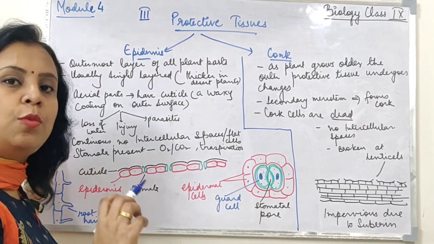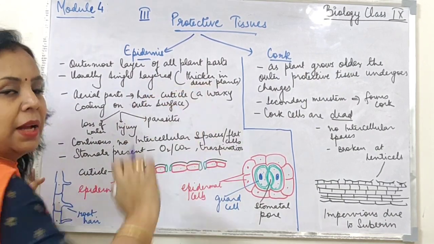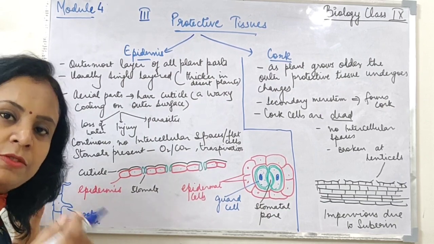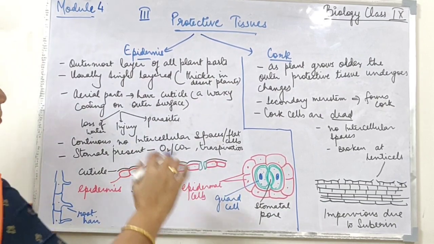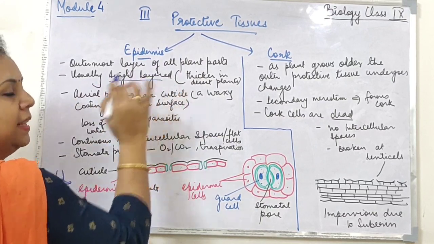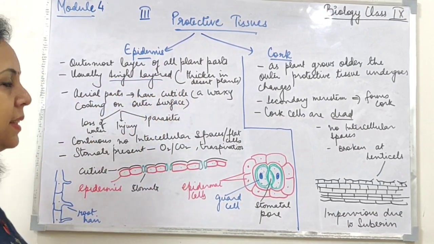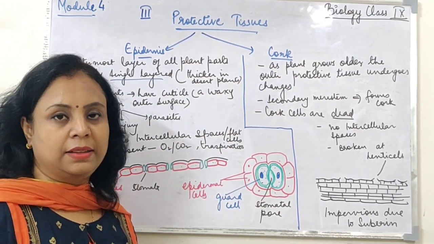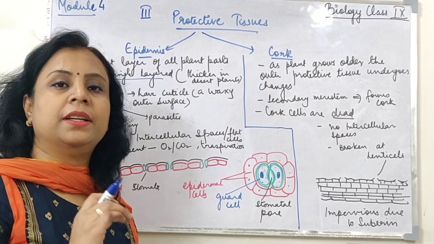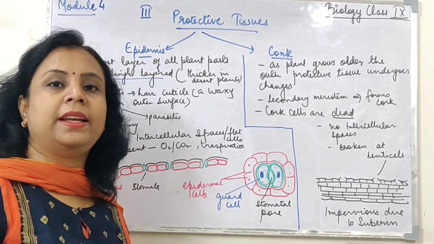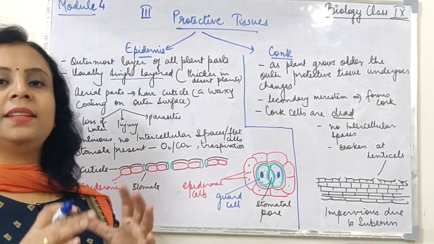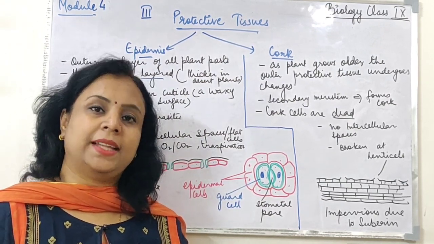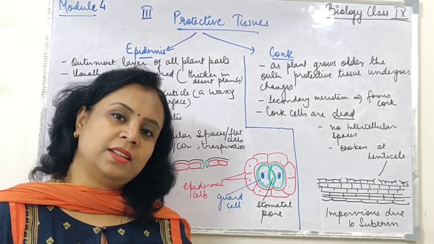Epidermis is the outermost layer of all the plant parts, whether it is root, stem, leaves, flowers, fruits, everything. And it is usually single layered. Normally it is single layered, but in case of desert plant, the epidermis can be thick on the aerial parts. Aerial parts means like the stem and the leaves. Over there the epidermis is thick, and what could be the reason?